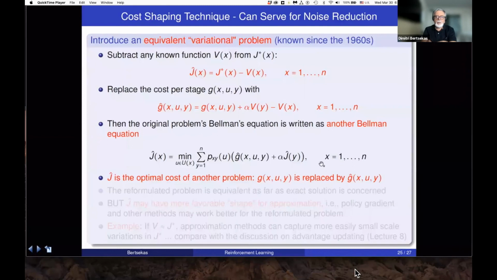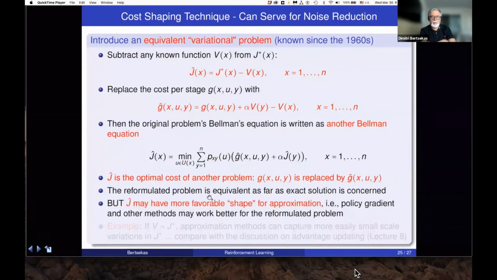Now, what do we gain from this? Well, if you're interested in an exact solution, the optimal policies of this reformulated problem are exactly the same as the optimal policy of the original problem. So nothing will change if you're interested in solving this problem or the original problem exactly. You're going to get the same thing.